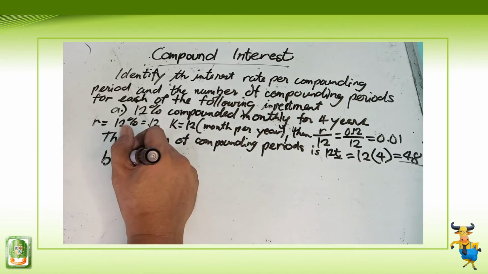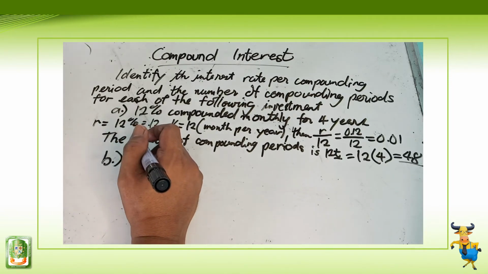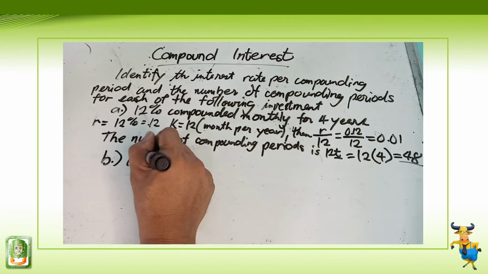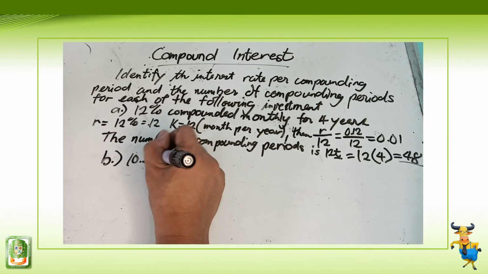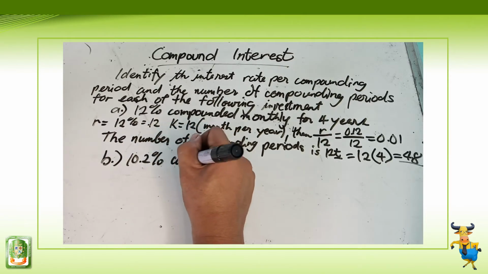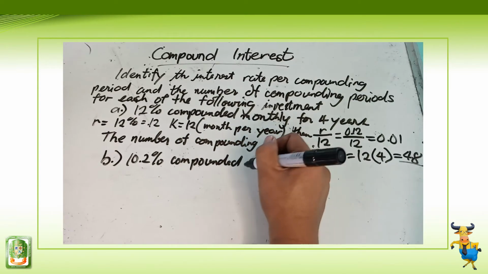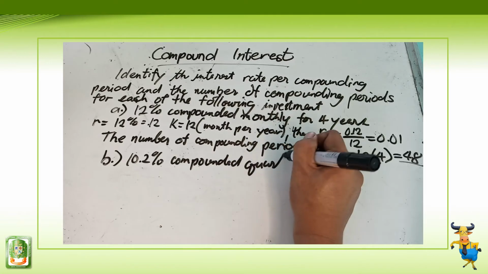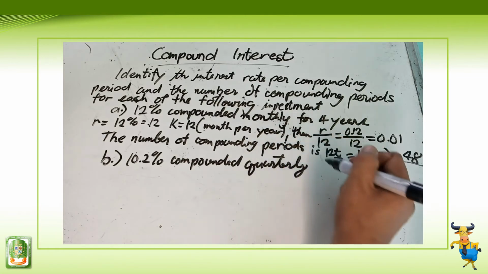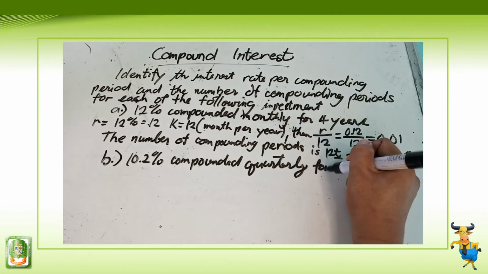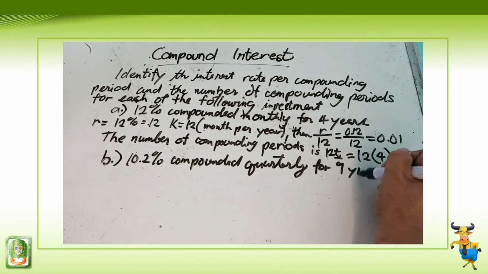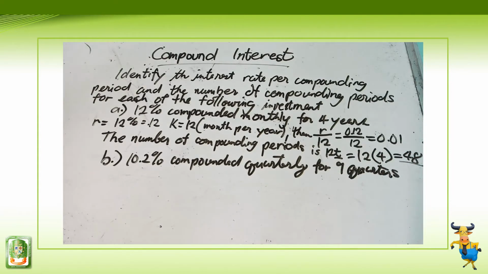So, paano naman kung 10.2% compounded quarterly for 9 quarters? So, 9 quarters po yan.